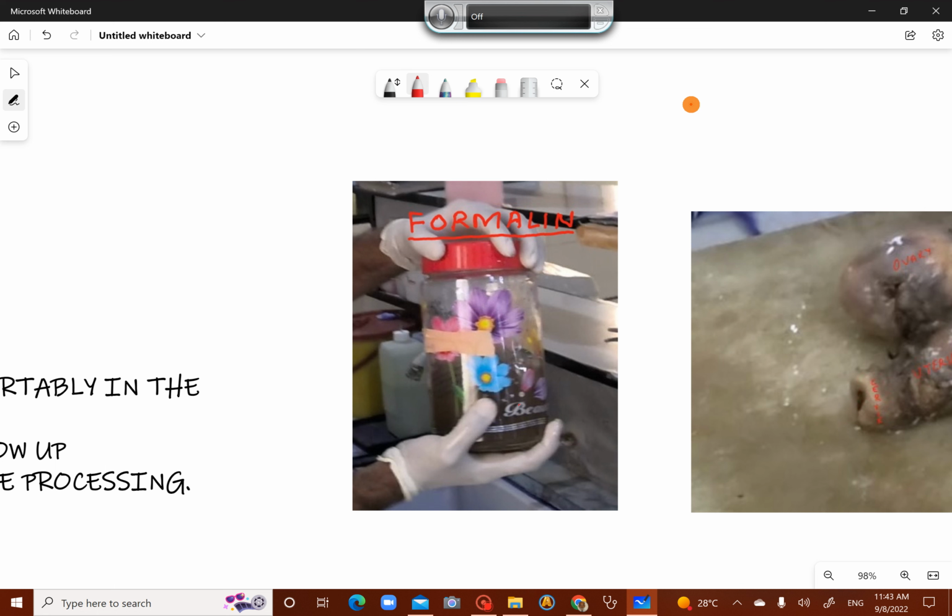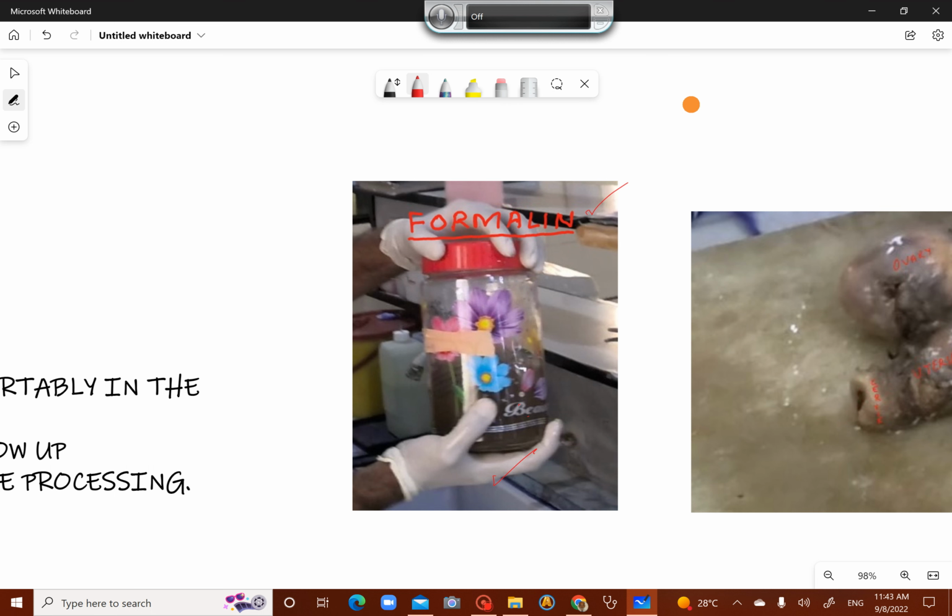So the first important step is whenever a specimen is taken in an operation soon after surgery, and before sending it to the lab, always preserve it in the formalin and then send it in the container containing formalin. That is very important, because if the formalin is not sent, the whole exercise would be futile and you won't be able to make a diagnosis.